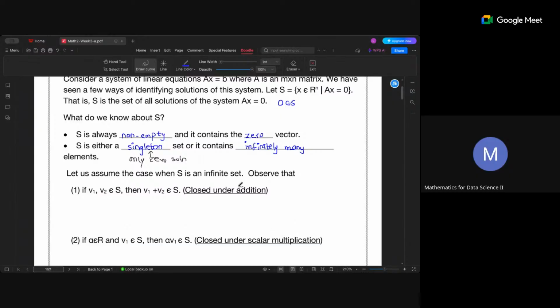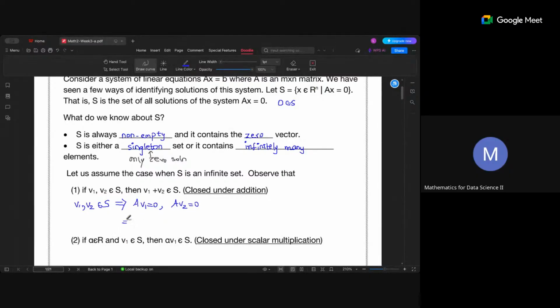If S is an infinite set, first we can observe that it is closed under addition. What is meant by closed under addition? If you take two vectors from S, then the sum of these two vectors is also in S. How can we see that? If V1 and V2 belong to S, we know that AV1 = 0 and AV2 = 0.